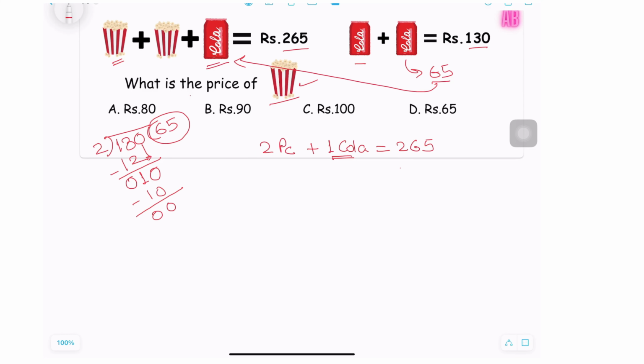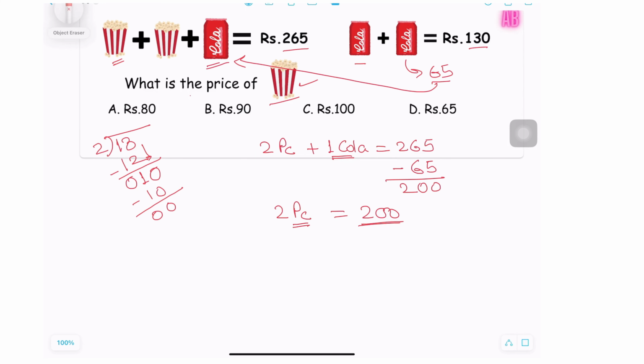So we will simply subtract 65 from 265, right? So 200. So the price of 2 boxes of popcorn is 200. To get the price of 1 popcorn, we will divide it by 2, or it will be half of 200. So what is half of 200?